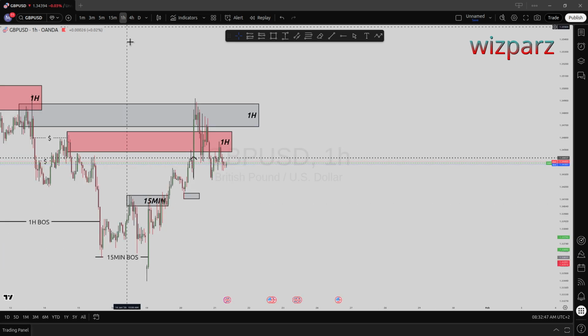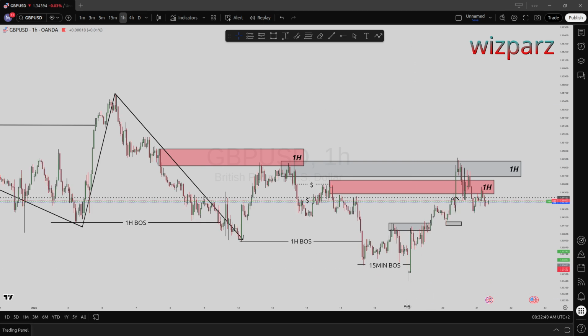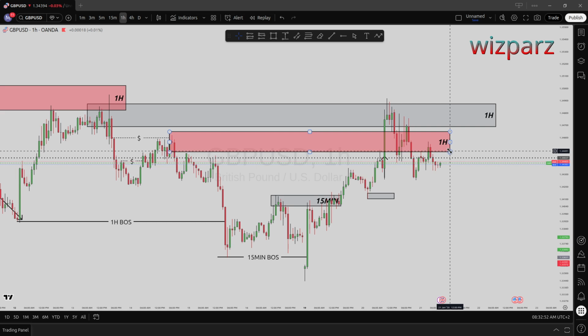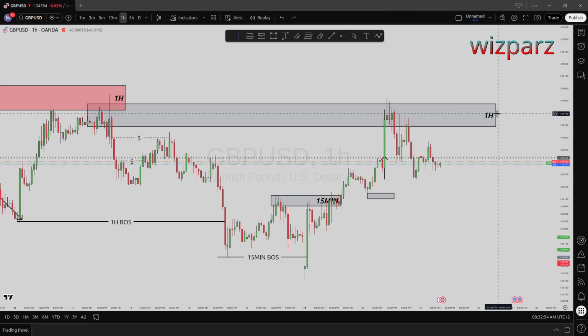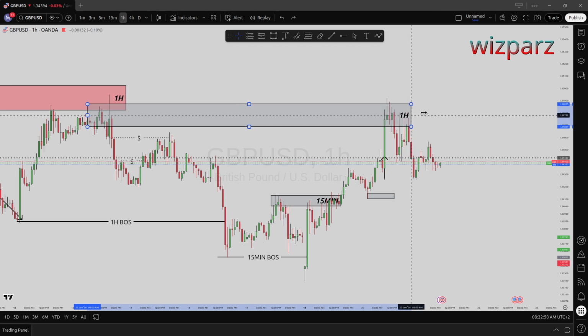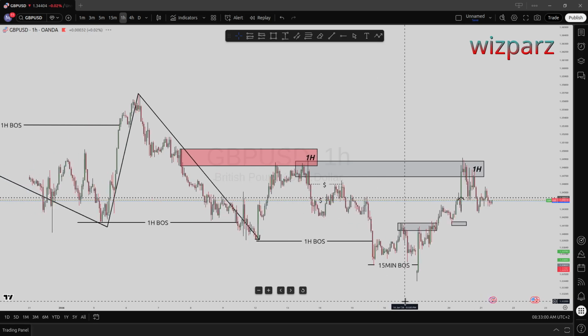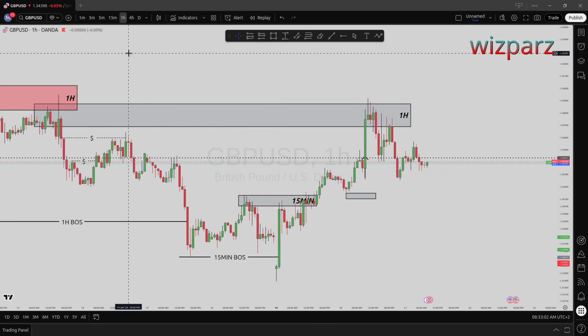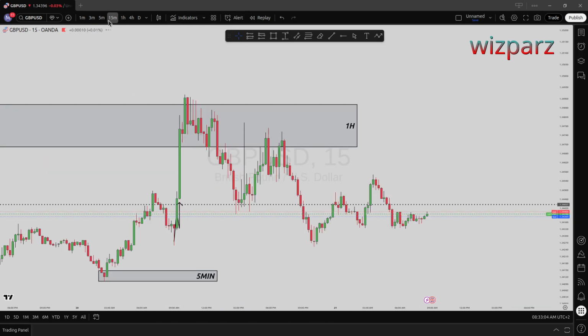Looking at the 1 hour perspective, we can see that this level is holding price from continuing to push higher, and this is a good sign that we can start to see price making a move to the downside.